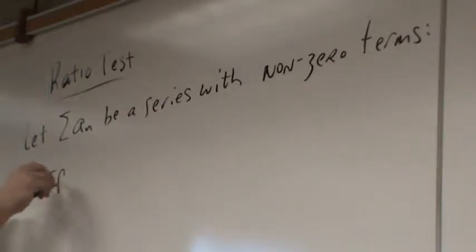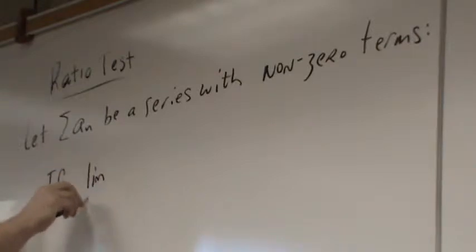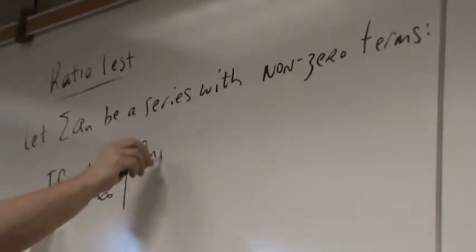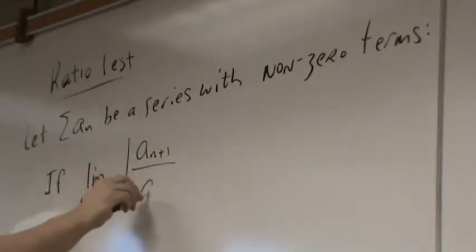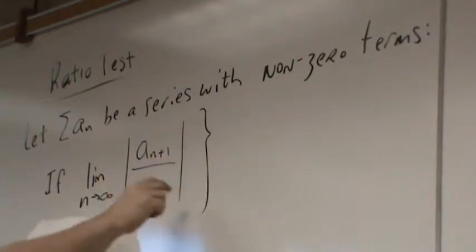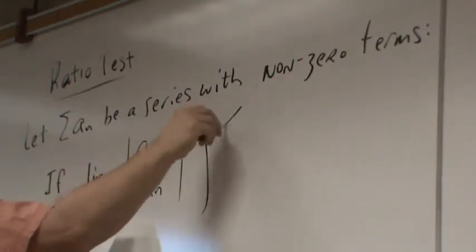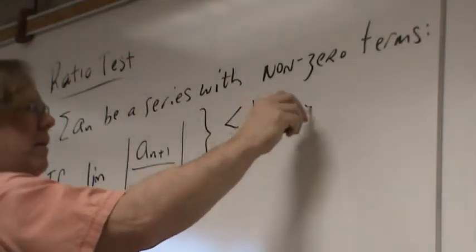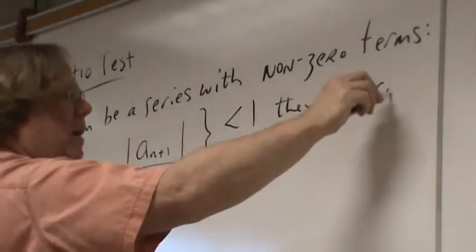Here it comes. If the limit as n approaches infinity of the absolute value of A sub n plus 1 over A sub n, if this limit is less than 1, then the sum of A sub n converges.